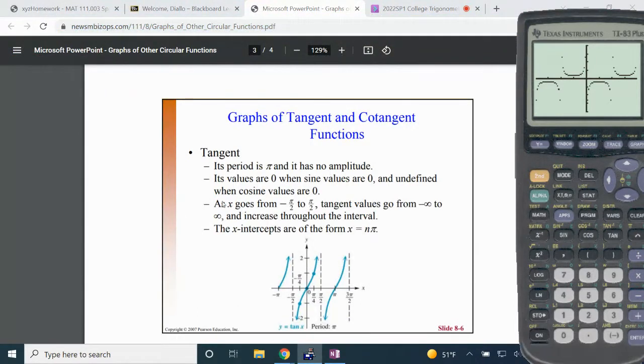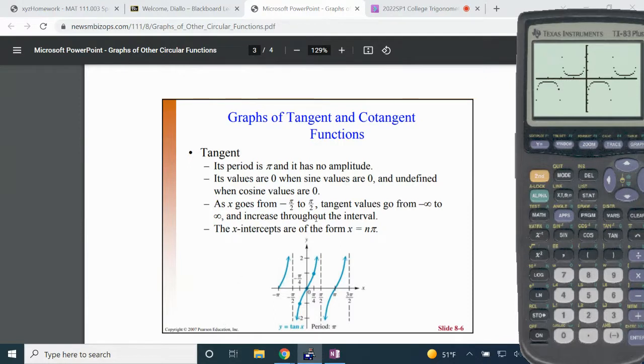All right, so it says that the period is pi, so it makes one complete revolution in pi radians or 180 degrees. And it has no amplitude, right? If we take a look at the graph itself for tangent, you read any graph just as you read sentences from left to right. And as we read this graph from left to right, notice that the graph is strictly increasing.